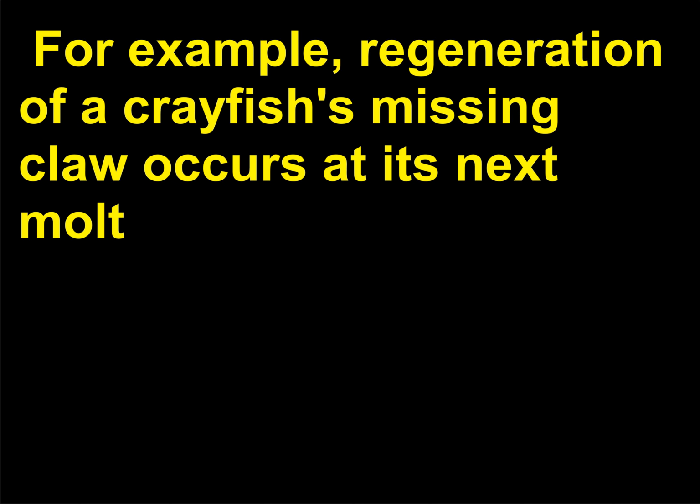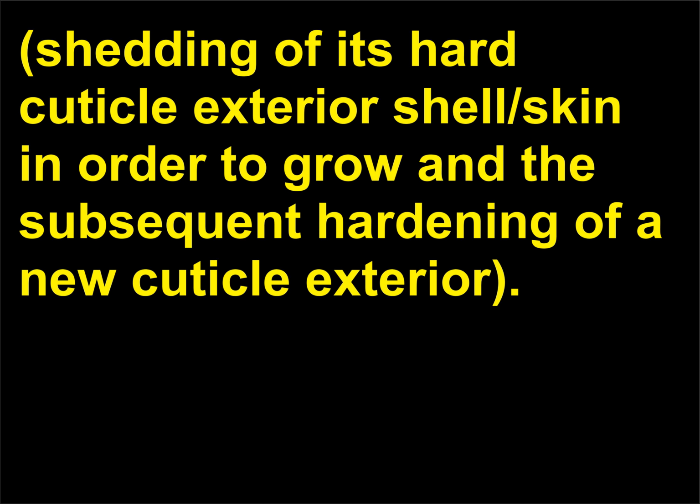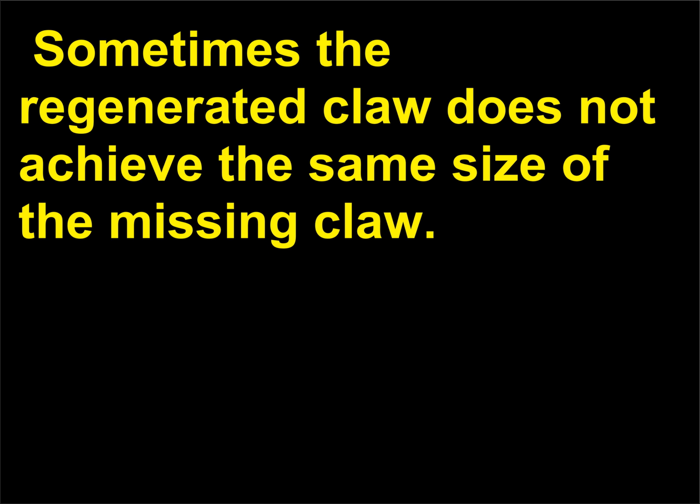For example, regeneration of a crayfish's missing claw occurs at its next molt: the shedding of its hard cuticle, exterior shell or skin, in order to grow, and the subsequent hardening of a new cuticle. Sometimes the regenerated claw does not achieve the same size of the missing claw.